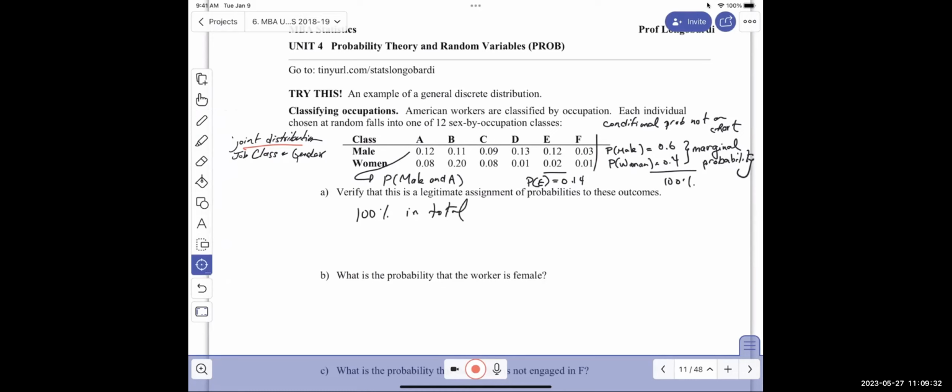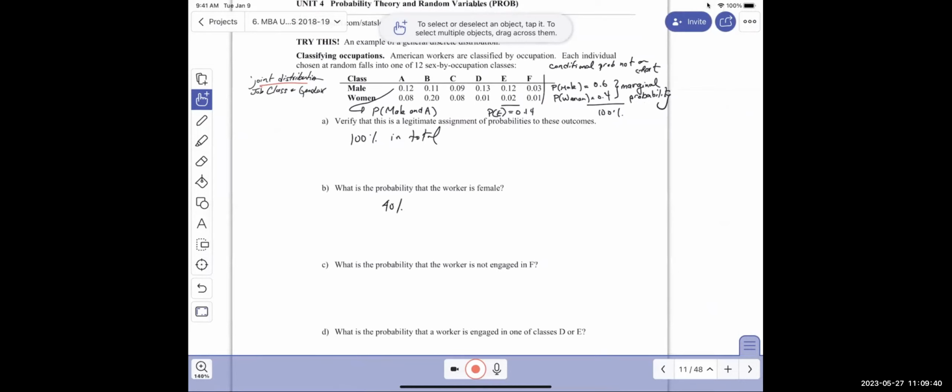What is the probability that a worker is female? We already figured that out. That's 40%. What is the probability a worker is not in F? The probability of F, we just add together going down, 0.03 plus 0.01, and it's 4%.